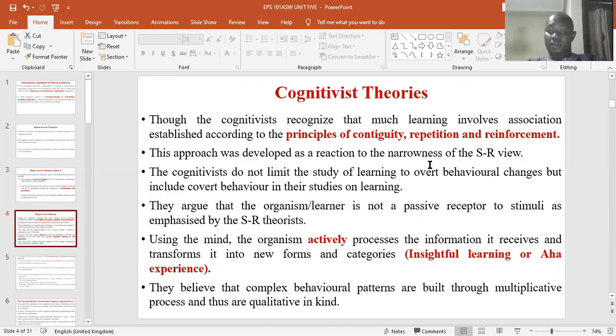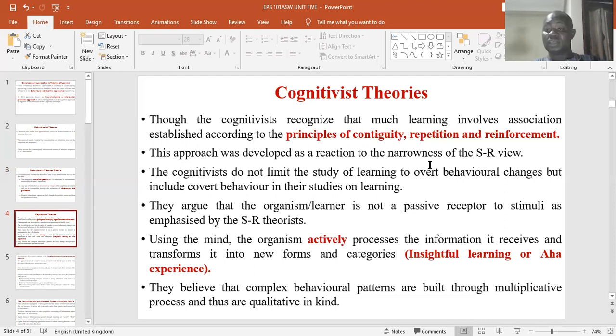The second contemporary theory or approach to learning is the cognitivist. With the cognitivists, they accept the fact that the individual learns and the learning involved is measurable, quantifiable, but then it goes beyond that. There are situations whereby someone can learn without showing any action. There are instances where the person might learn without even letting anyone within the environment see him.